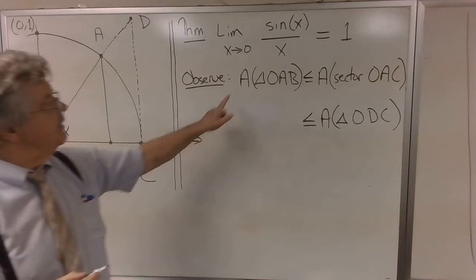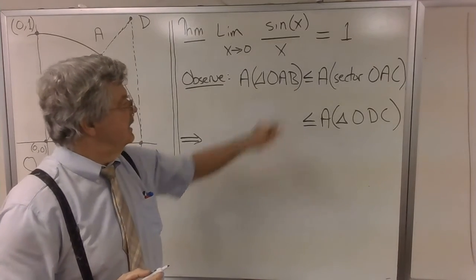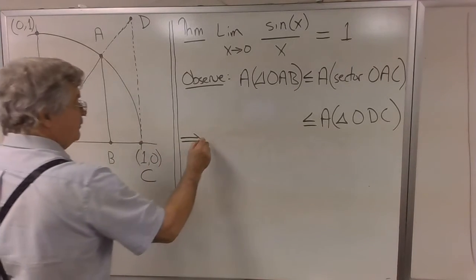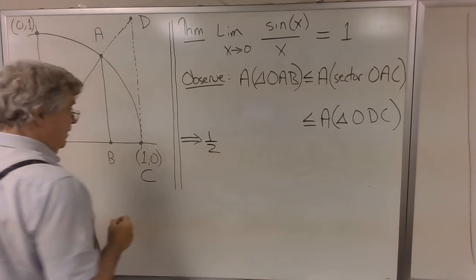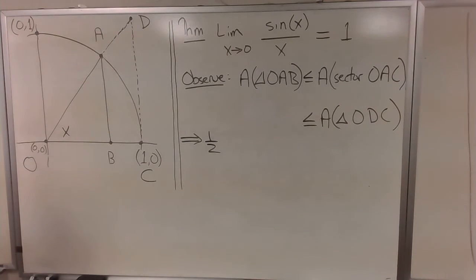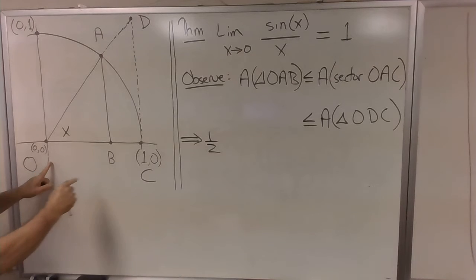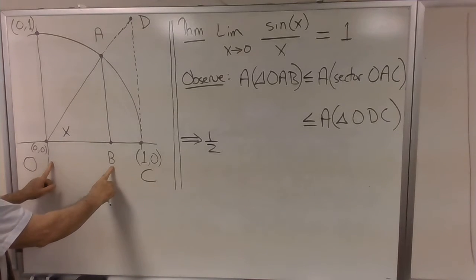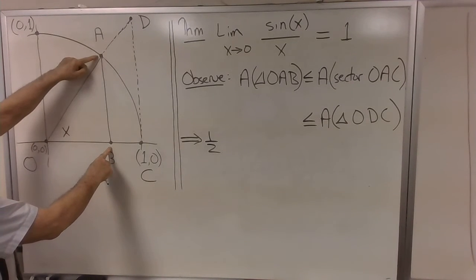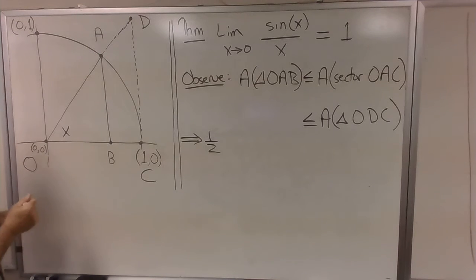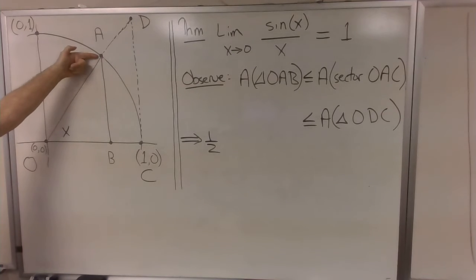Okay, area of triangle OAB. It's going to be 1/2 the base times the height. And OB is the base, and AB is the height. Well, let's think about this now. What are the coordinates of this point right here?